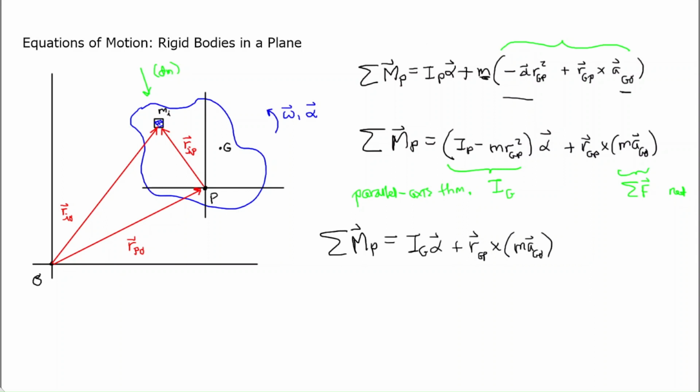Okay, this last term represents the moment of the net force about some point P. All right, now this, I'll put it in a box because this is the result we were looking for.